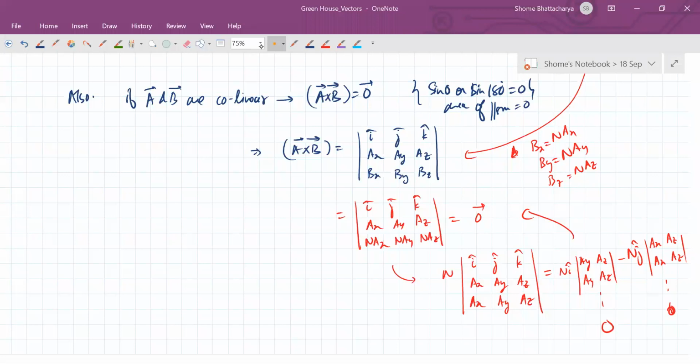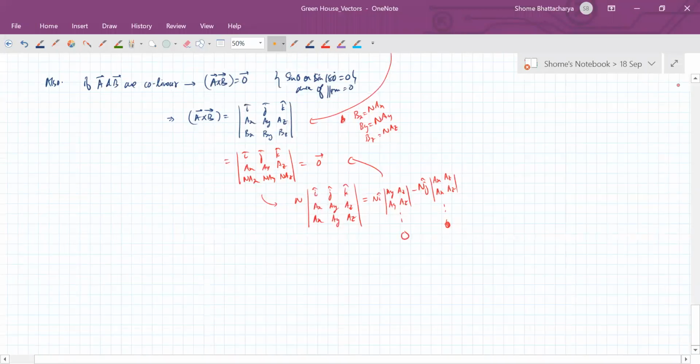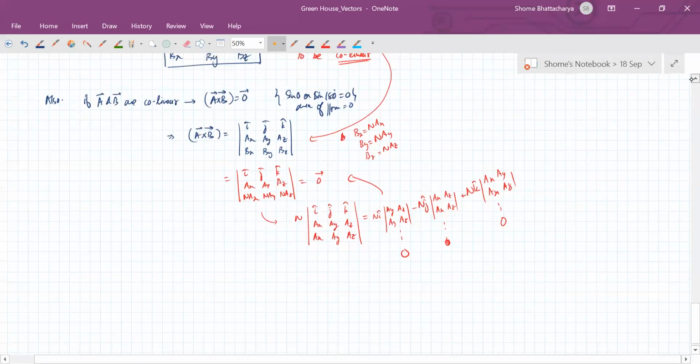Tej, I'll scroll up for you. You can see that this one is also 0. Each of these determinants is 0 in the collinear condition.